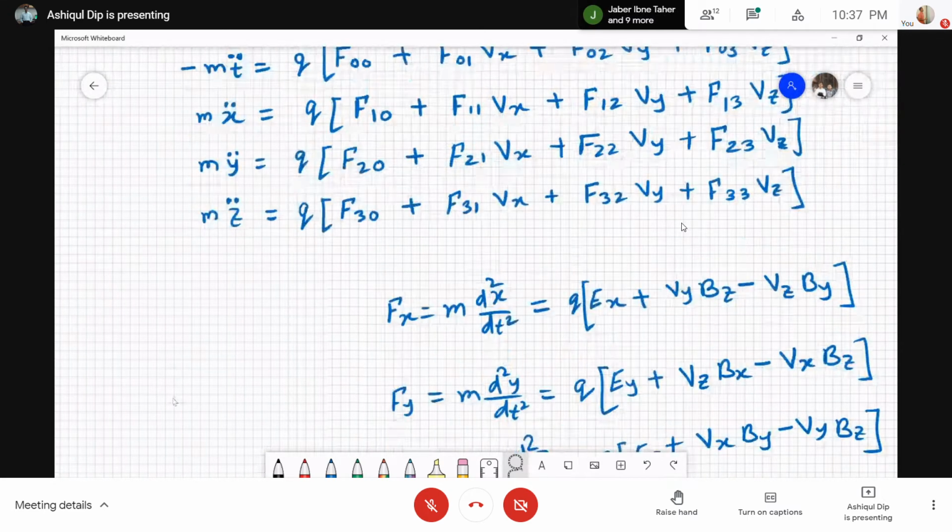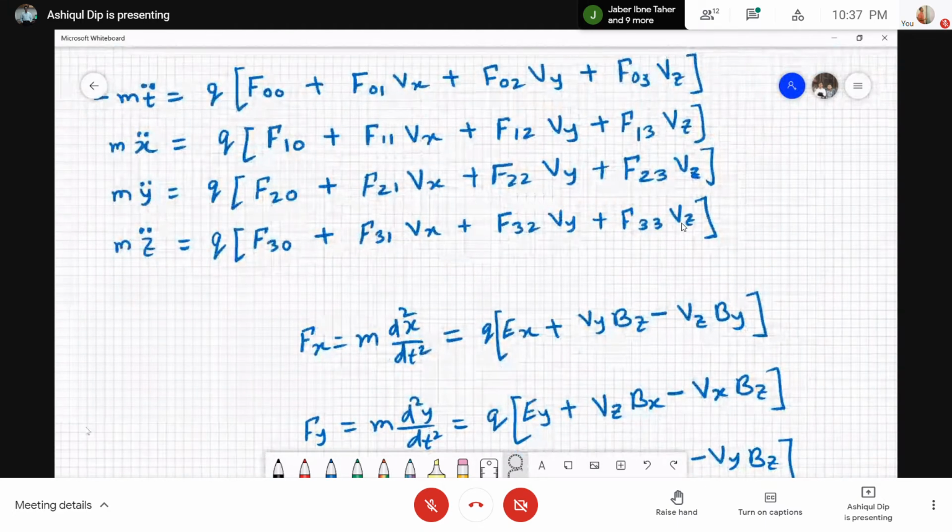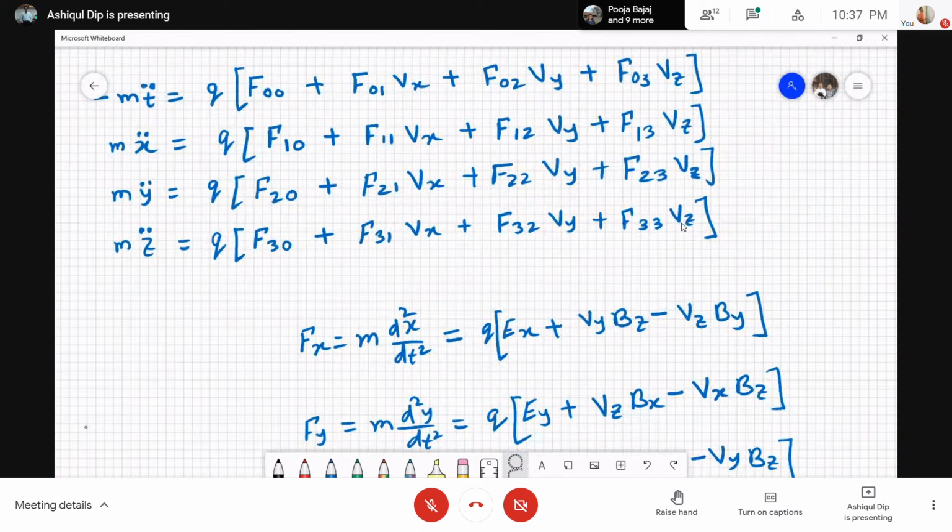Okay, so let's compare these two expressions. What do you see?